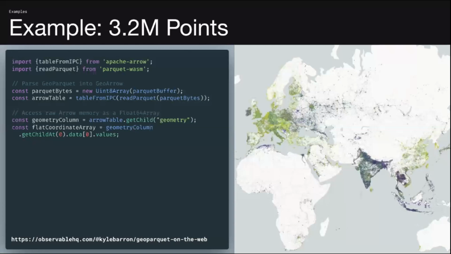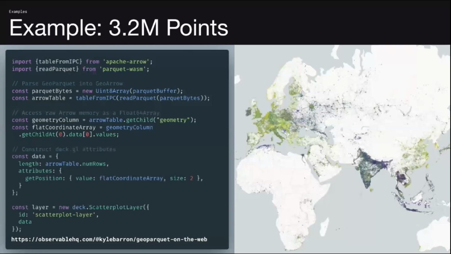And so here, this flat coordinate array is that flat point buffer that we saw before. Then this is the deck.gl binary API. So we pass the length of the entire number of rows in the table, and we pass this buffer as the get position attribute. We pass that into the scatter plot layer, and that's it.